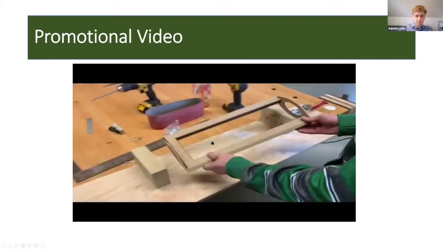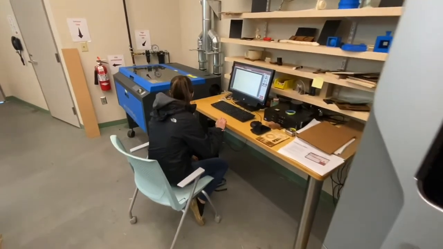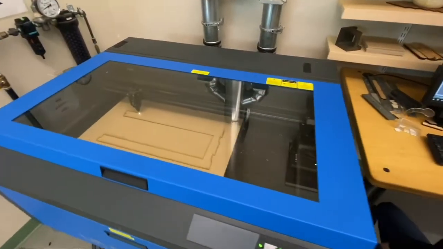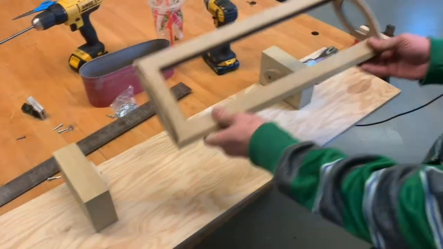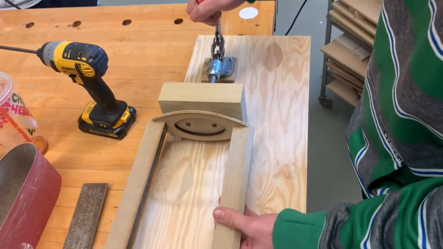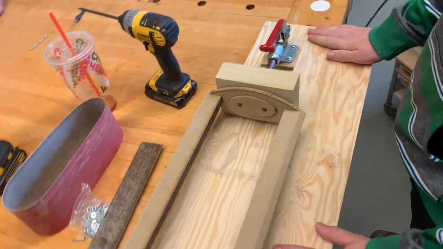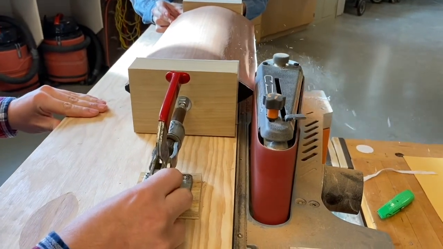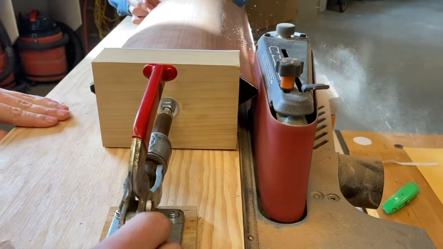Then we have a quick video I'm going to show you guys. So we've got a couple of jigs that we used. That was built by Zach and Aiden. This is that same jig in action. We're sanding off some excess veneer.